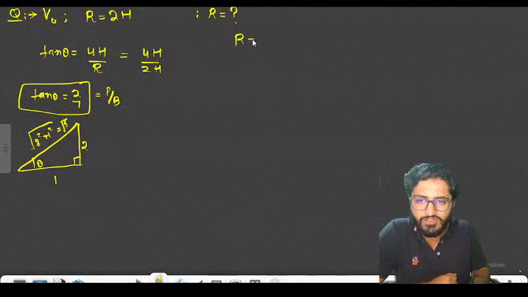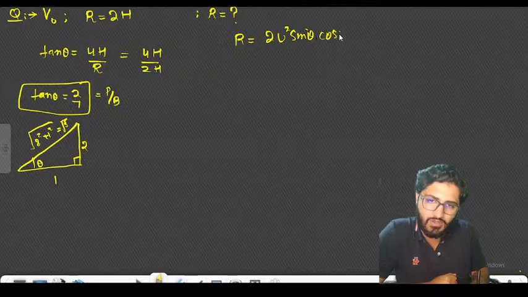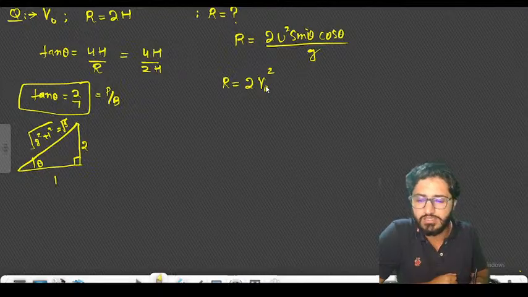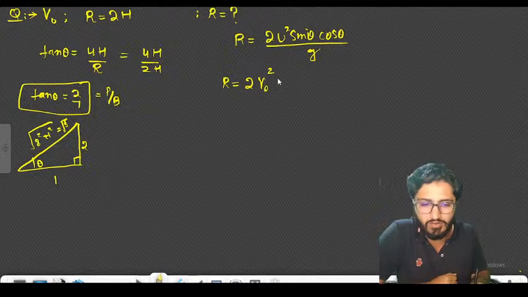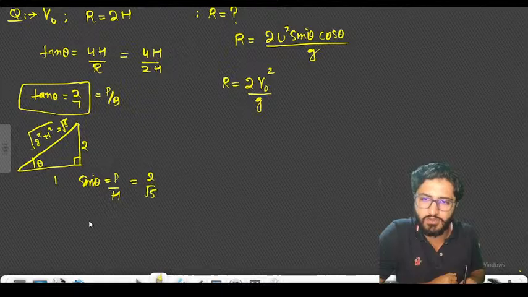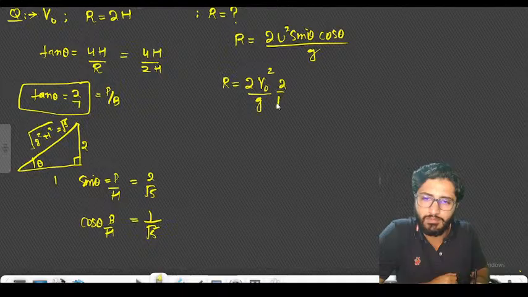So range is 2 u square sin theta cos theta divided by g, where the velocity is v naught. What will be sin theta? Sin theta is P by H, 2 divided by root 5.